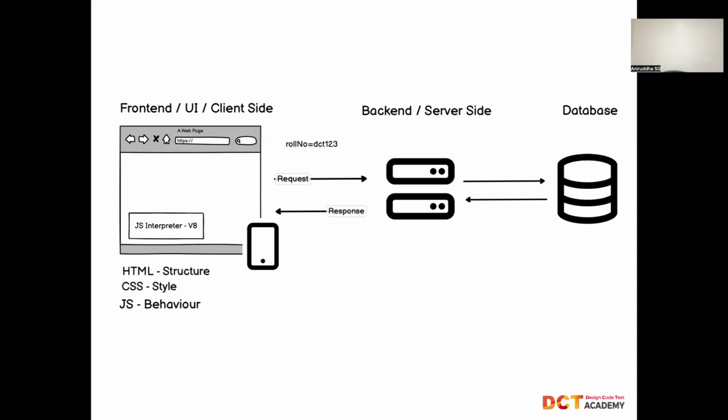Those are all fixed. Those are all static. It doesn't change. But if you talk about Instagram, Facebook, Amazon, Google Pay, these are all dynamic, right? Because you are sending in information. For all those different types of applications, JavaScript plays a very, very crucial role.